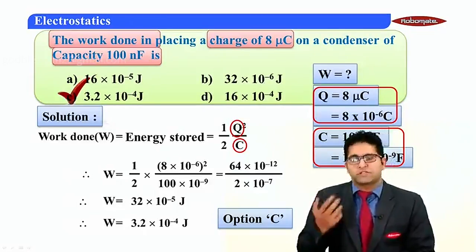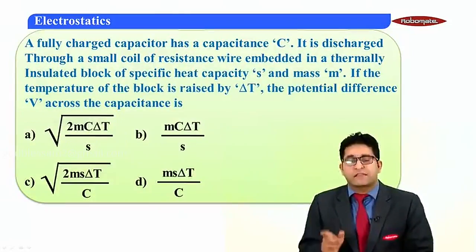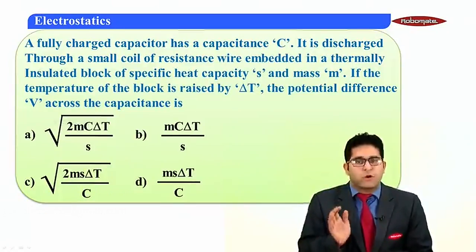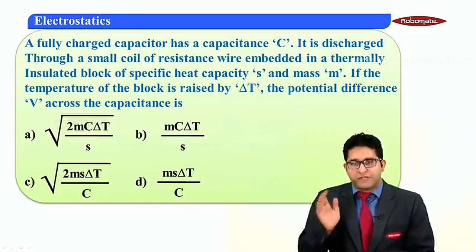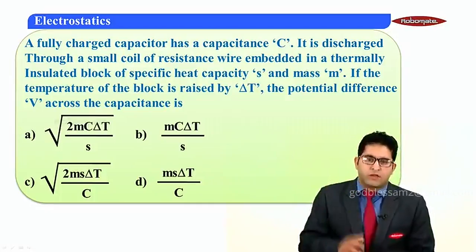Now let us move further towards the second MCQ. It says a fully charged capacitor has a capacitance capital C. It is discharged through a small coil of resistance wire embedded in a thermally insulated block of specific heat capacity S and mass small m.